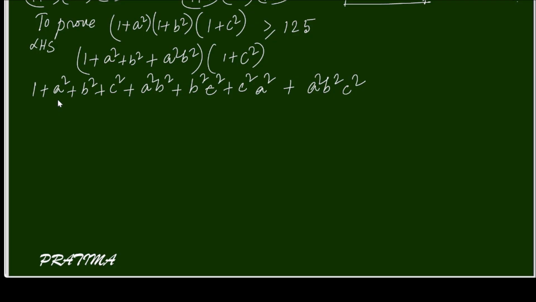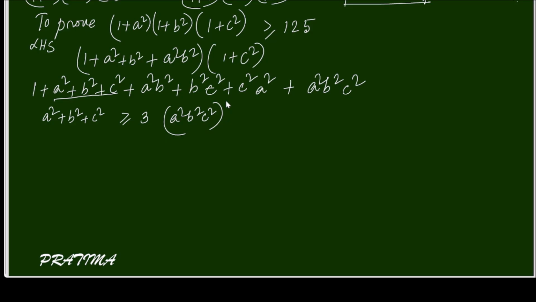So for a square plus b square plus c square, again I will apply the arithmetic mean is greater than or equal to the geometric mean. Then a square plus b square plus c square is greater than or equal to 3 times the cube root of a square b square c square.